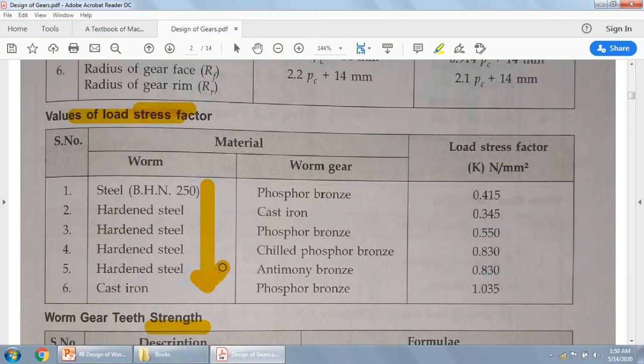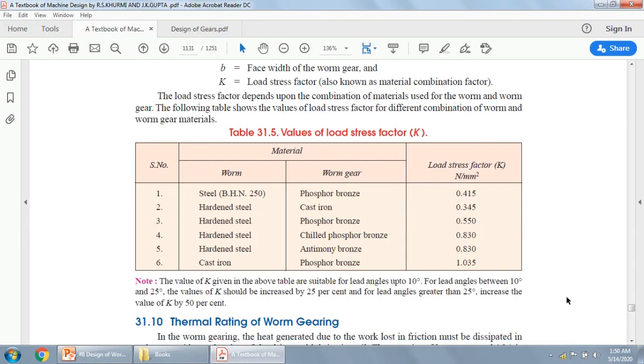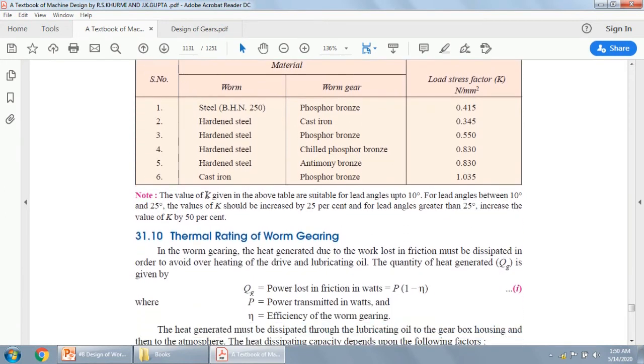These are the types of the materials, this is for the worm gear, this is for the worm, and then your load stress factor K will be equal to these values, selected from this table.